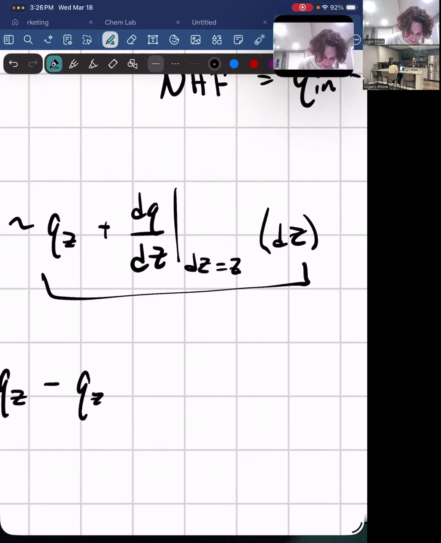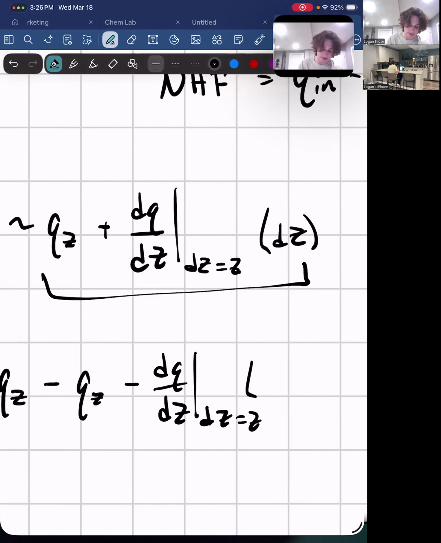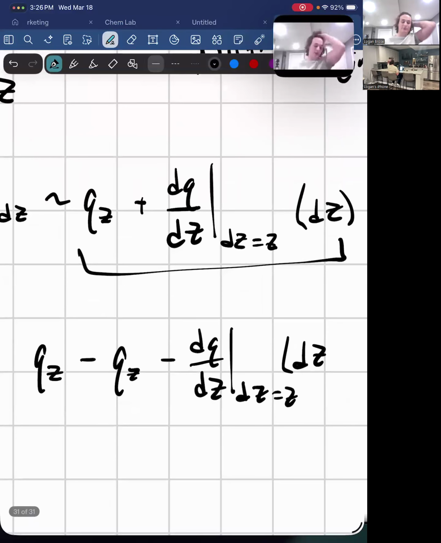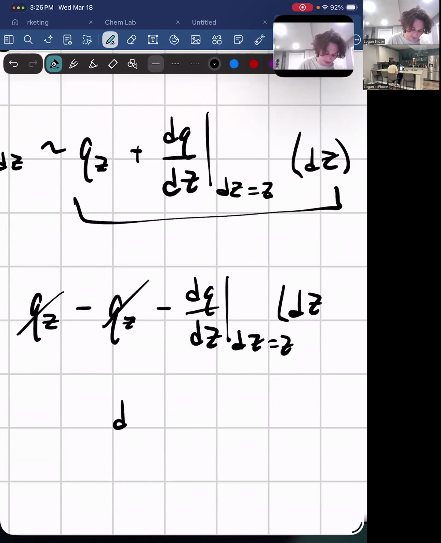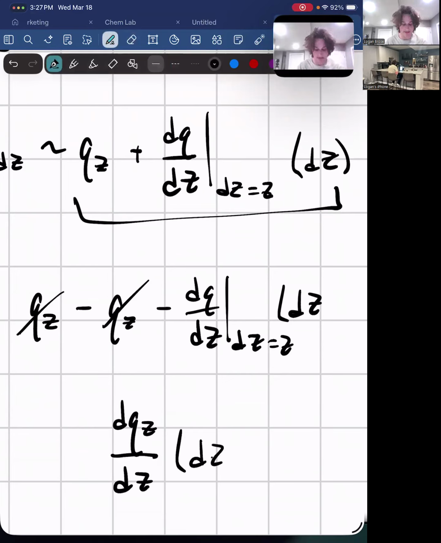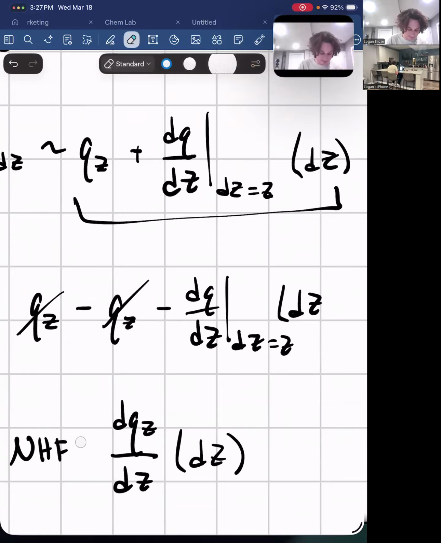We get Qz minus Qz minus the change in heat over the change in position, where z equals z, times dz, right? And so we can simplify this down to minus dqz over dz times dz, right? And so this is our net heat flow in the z direction.